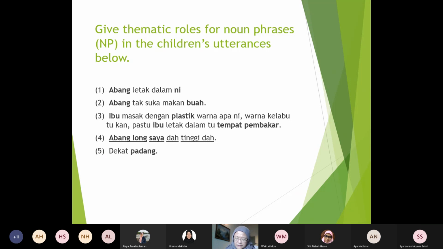This is where kita boleh kata dia juga merupakan tema lah. But doctor, for it to be a theme, it needs to undergo changes. So if the child says ibu masak nasi, then the nasi is a theme. But the plastic is not the theme because it's not undergoing changes.